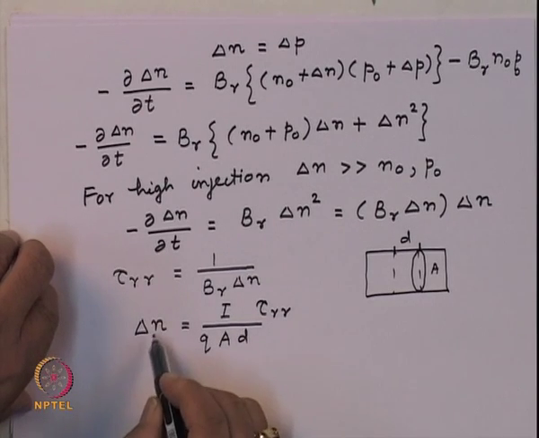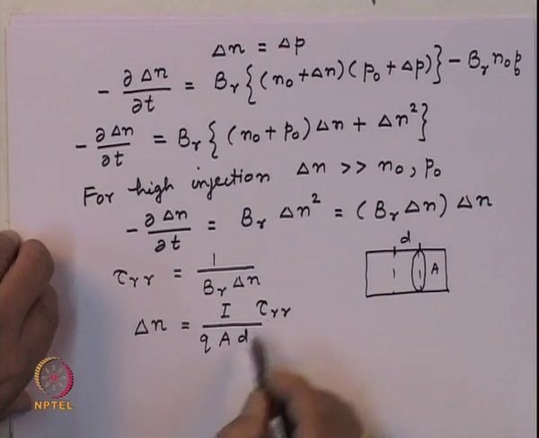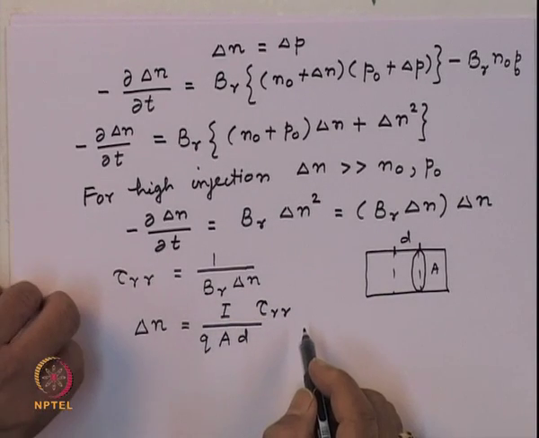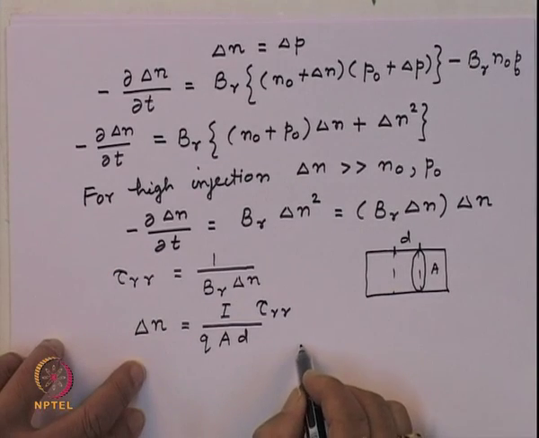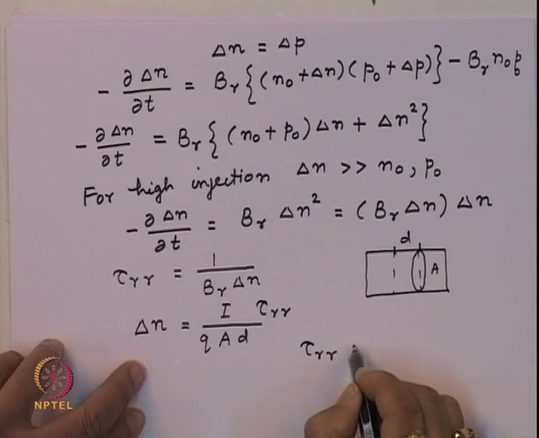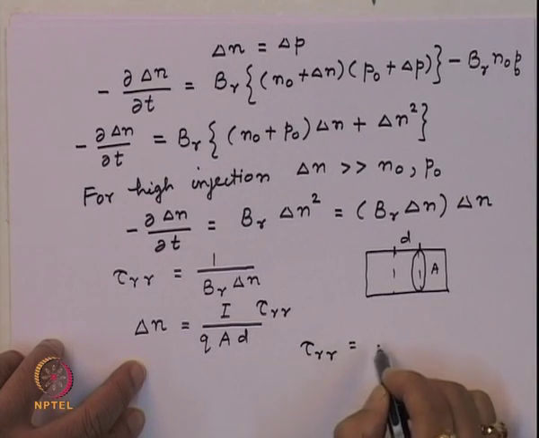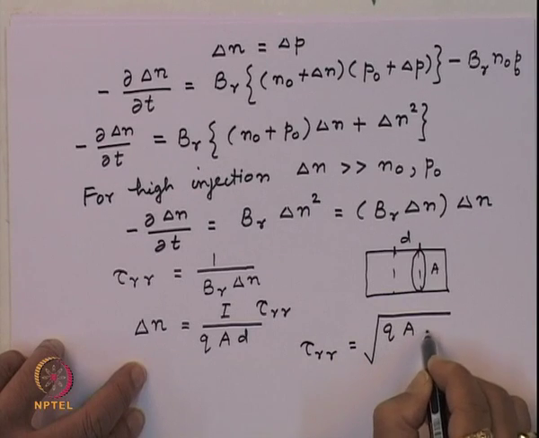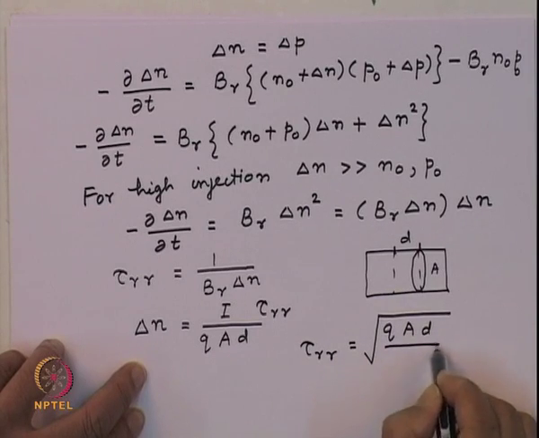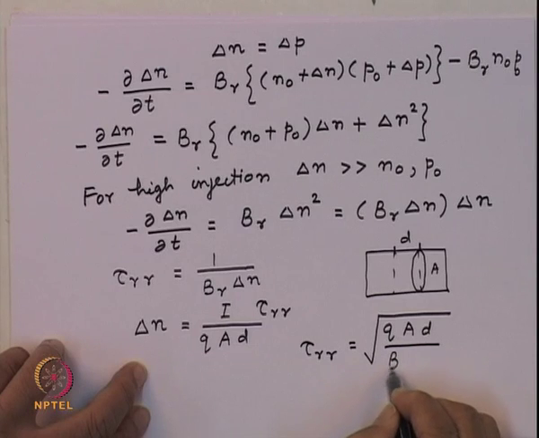If I take this delta n and substitute into this, I will get a term which is tau rr square. So, by substituting this, we can get tau rr equal to the square root of q A d divided by the recombination constant Br times I.